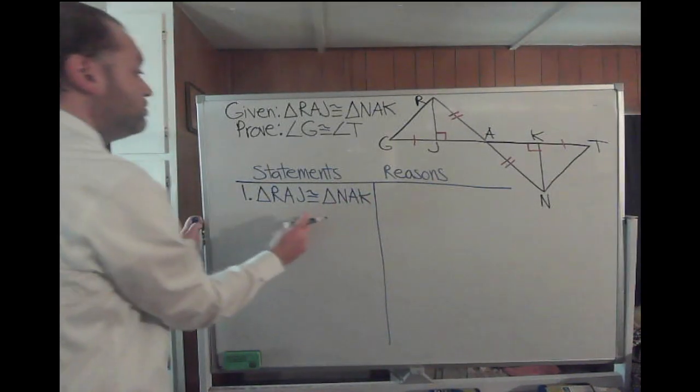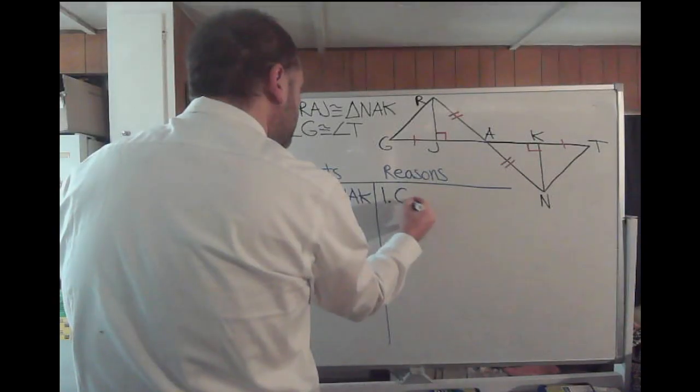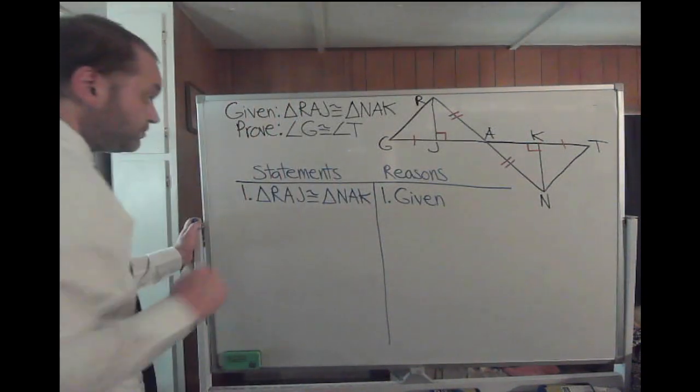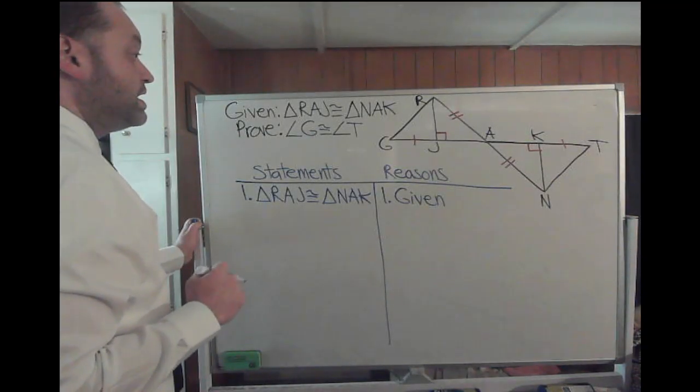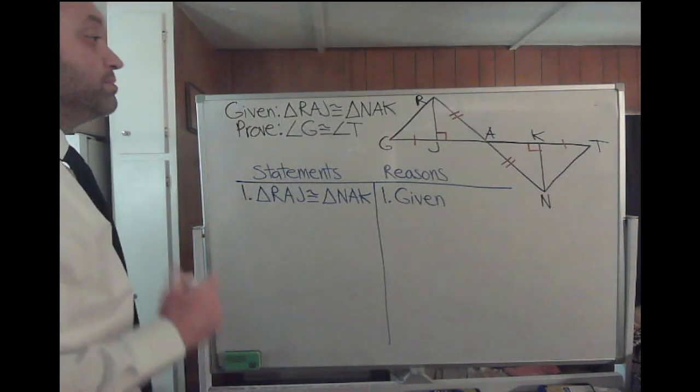So triangle RAJ is congruent to triangle NAK, of course, by the given information. Alright. Now, where do we go from here?